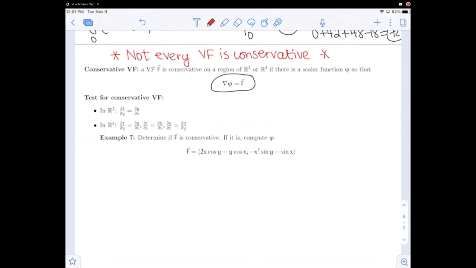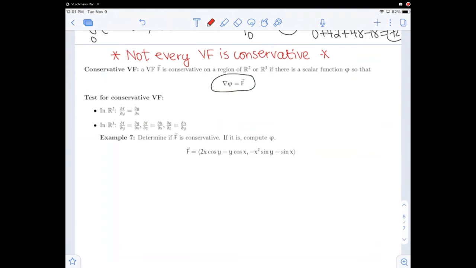Okay, so this is going to be important. These vector fields are special. They have properties that are not applicable to vector fields that are not conservative. So one way to think about it: is this a derivative of something, right? Is this a derivative of a potential function? And that's not always going to be the case.